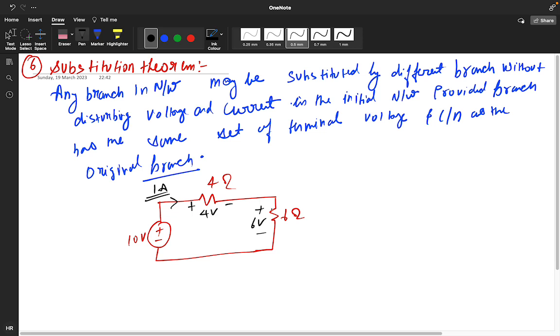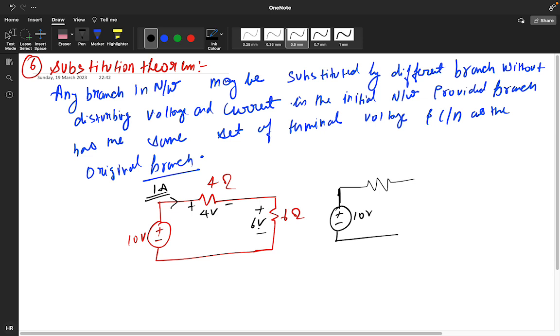So what I am telling is, we can make this circuit like this, with the same 10 volt. We can replace this 6 ohm with 6 volt.